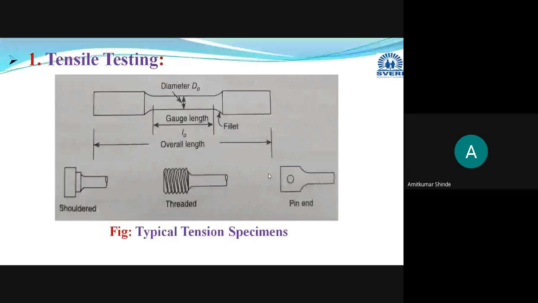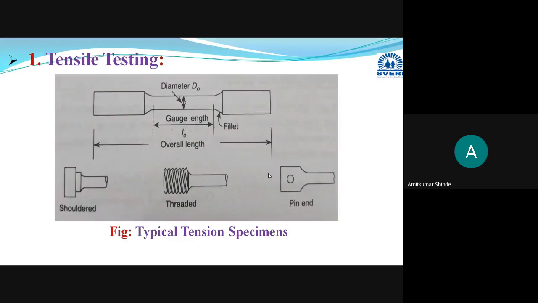And non-destructive testing methods are very helpful to detect whether any kind of defect or flaw is present in the component. That we are going to determine with the help of non-destructive testing methods.